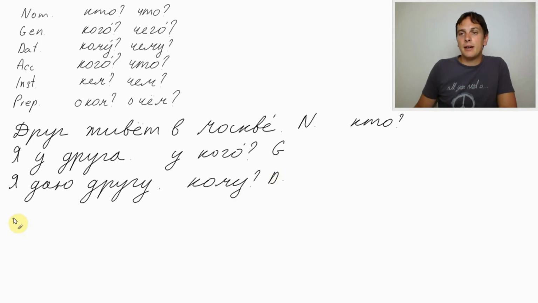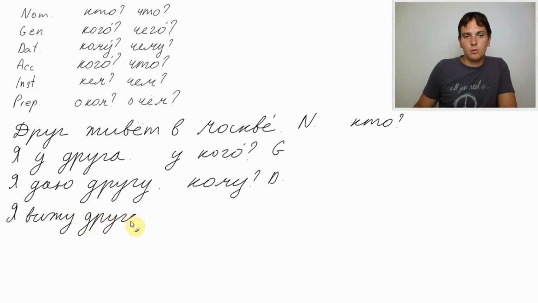Now, I'm seeing a friend. Я вижу друга. So I'm seeing a friend. So the question to the word друг here would be, whom am I seeing? Кого я вижу?